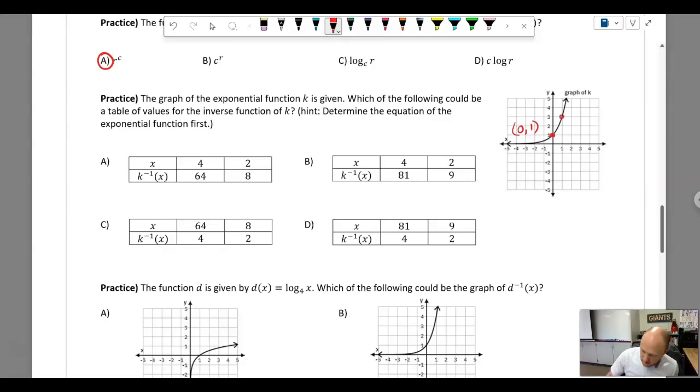The next one looks to be 1, 3. And what that tells me is that this is the exponential function 3 to the power of x. So the inverse function of k is going to be log base 3. So I'm looking for my inputs to be growing proportionally. Inputs, because they switch. So it's not going to be A. It's not going to be B.